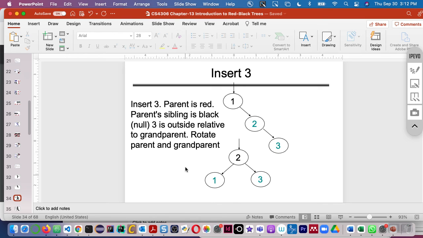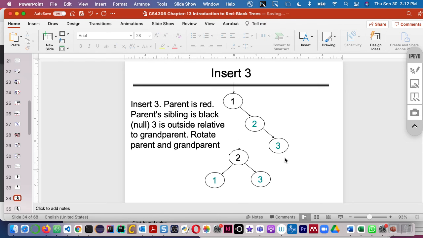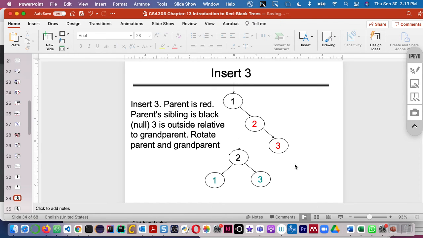Now we got 3, right? Initially 2 is red, and 3 will be encountered as red. Initially it is red.